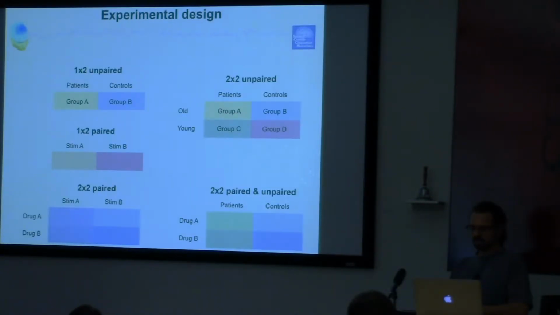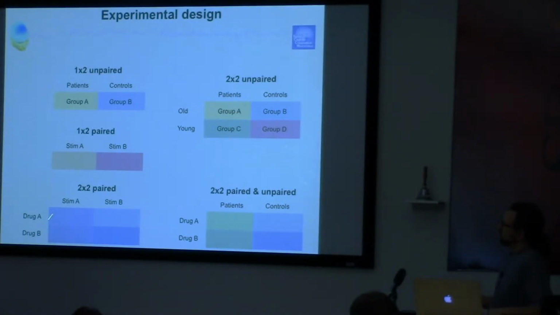You can create any types of design. For instance, in this current version you're using, which is somewhat limited, you can create all these types of designs. So 1 by n unpaired design, so patient versus control, for instance, group A versus B. 1 by 2 paired design, so stimulus A, B, and C, and D within one subject.